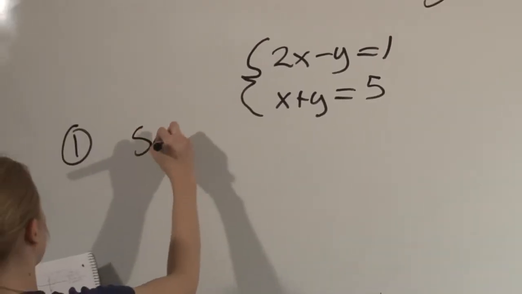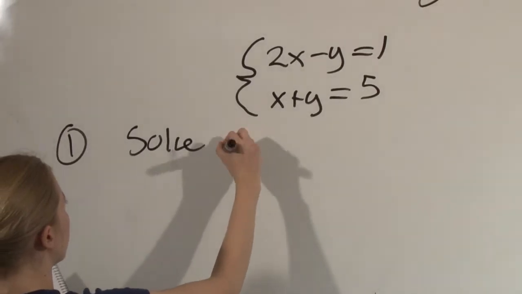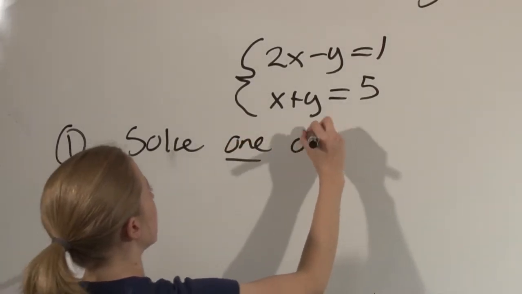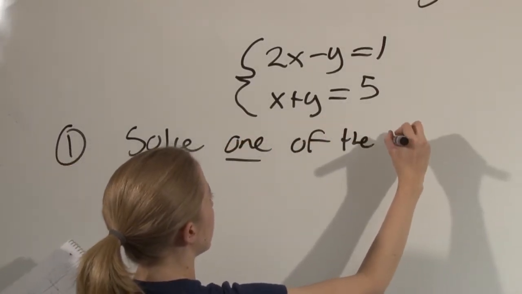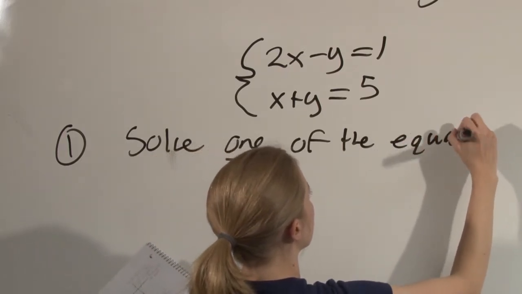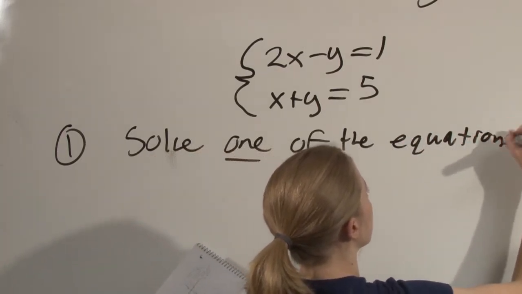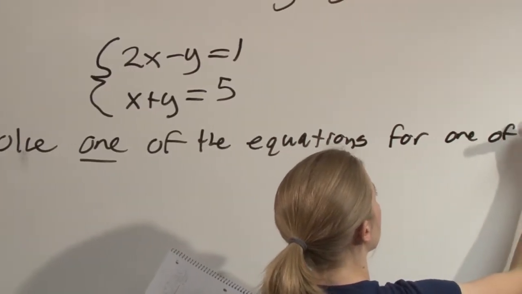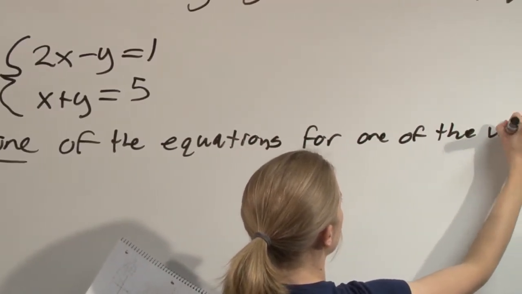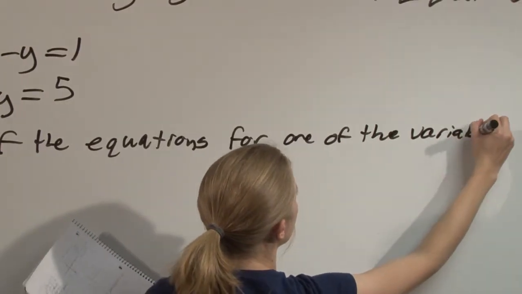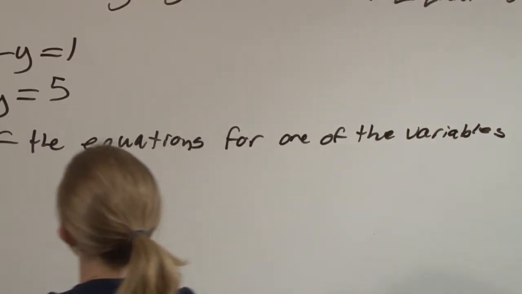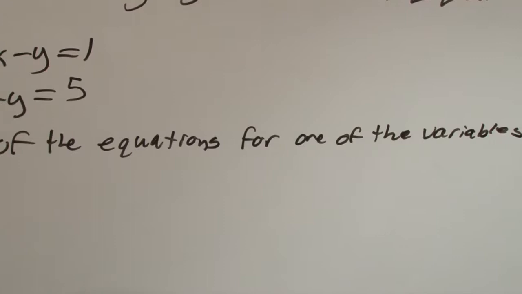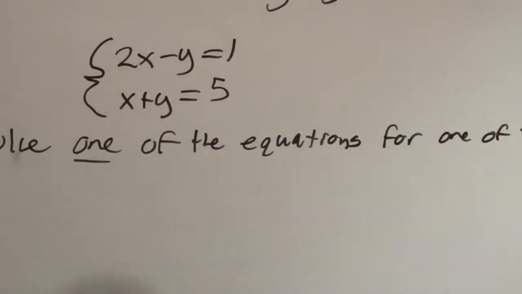is to solve one of the equations for one of the variables. In this class, you'll typically be working with two equations with two variables. So I like the look of this equation.